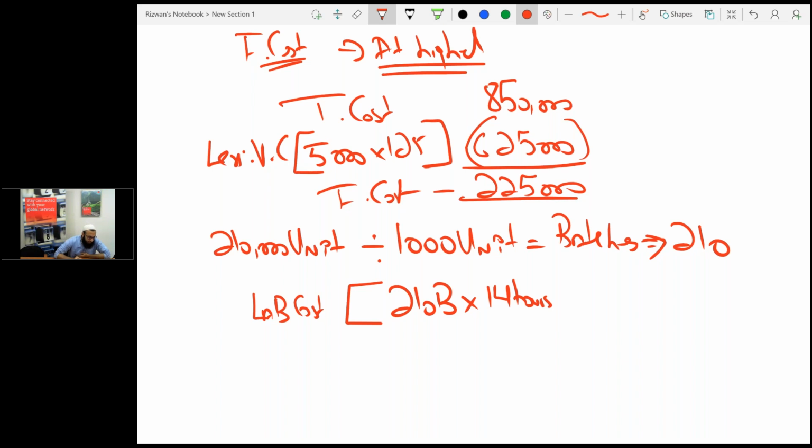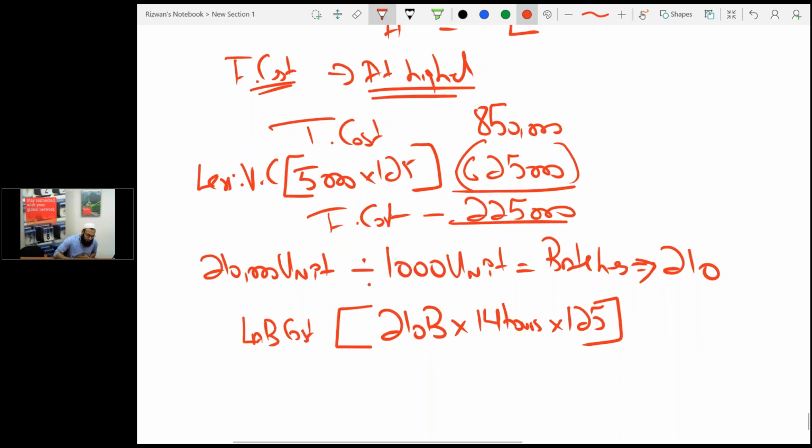And what's the hourly rate here? It's 125. So you get a figure of how much? $367,500, and this is variable cost.